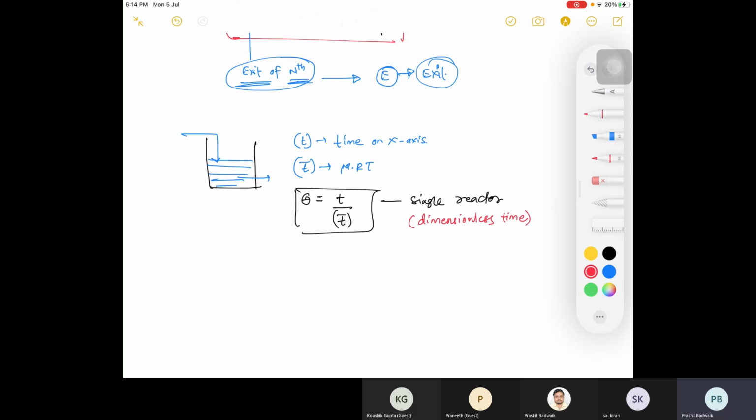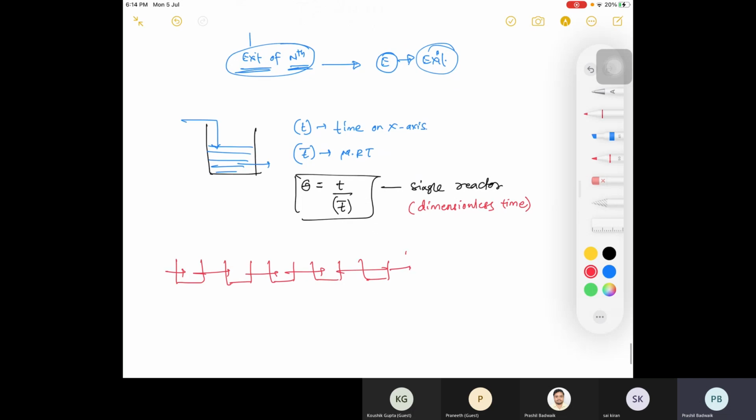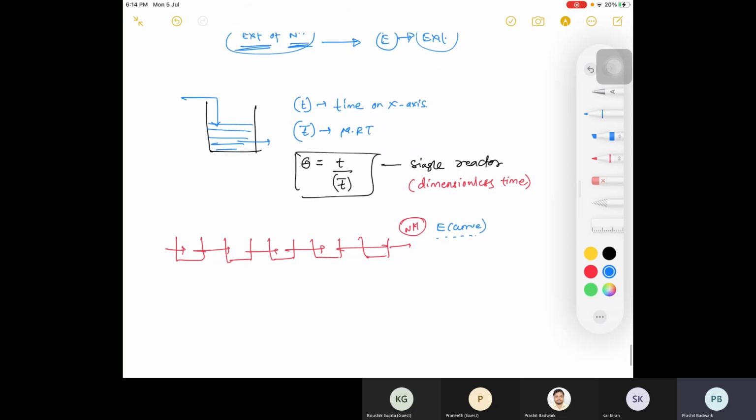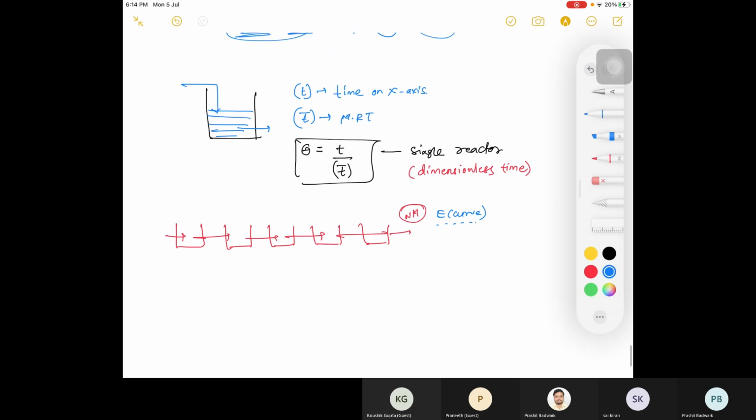Now suppose I am writing dimensionless time for the whole system, the overall system. This is your nth reactor, and here you will get the exit age distribution, the E curve. Your time on the x-axis will not change.